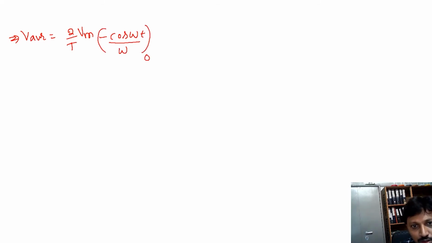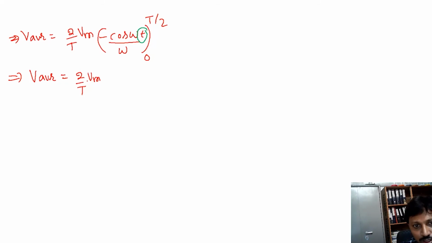So here V average is equal to 2 by T Vm, into minus cos omega t by omega, with the lower limit and upper limit to be substituted. Wherever t is there, you substitute the upper limit and the lower limit.